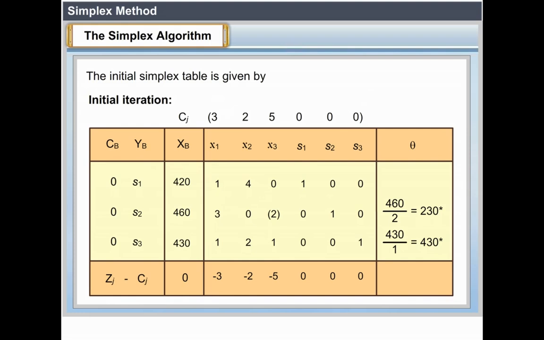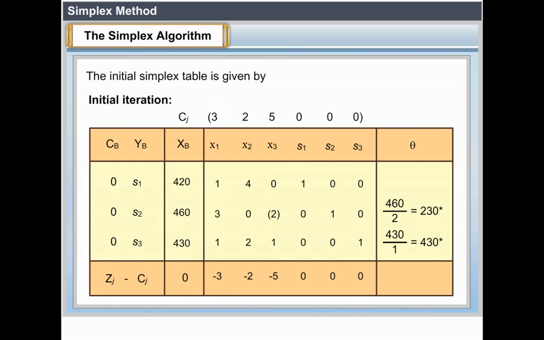Then third row, 0 for CB, S3 for YB, 430 for XB, 1 for X1, 2 for X2, 1 for X3, 0 for S1, 0 for S2, 1 for S3. Then Zj minus Cj row, 0 for XB, minus 3 for X1, minus 2 for X2, minus 5 for X3, and then 0 for S1, 0 for S2, 0 for S3.